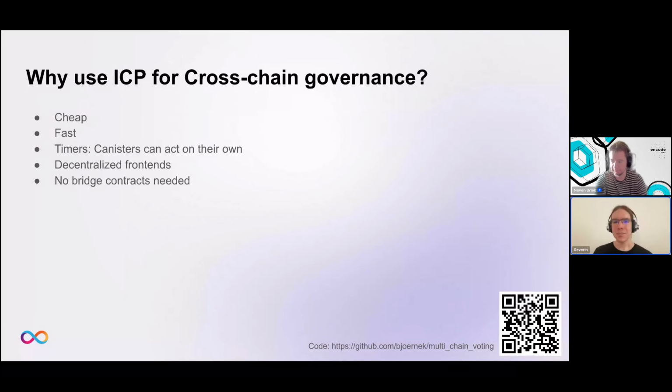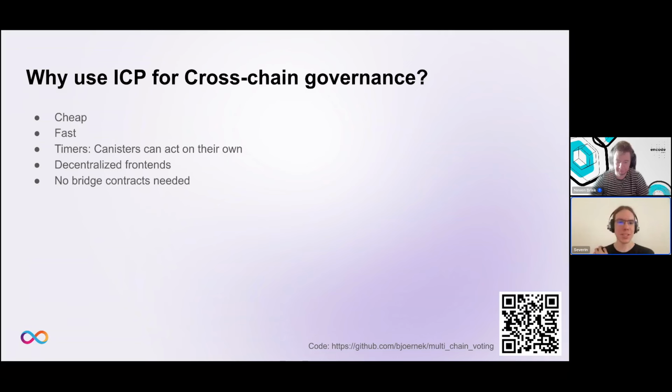It's fast. We have 2-second finality for the most basic transactions. If you call out to other canisters or even other chains, of course, then you're gonna accumulate some delays, but small transactions are very fast, and that's very convenient for voting on a lot of different things. Another big selling point that the Internet Computer has is timers.